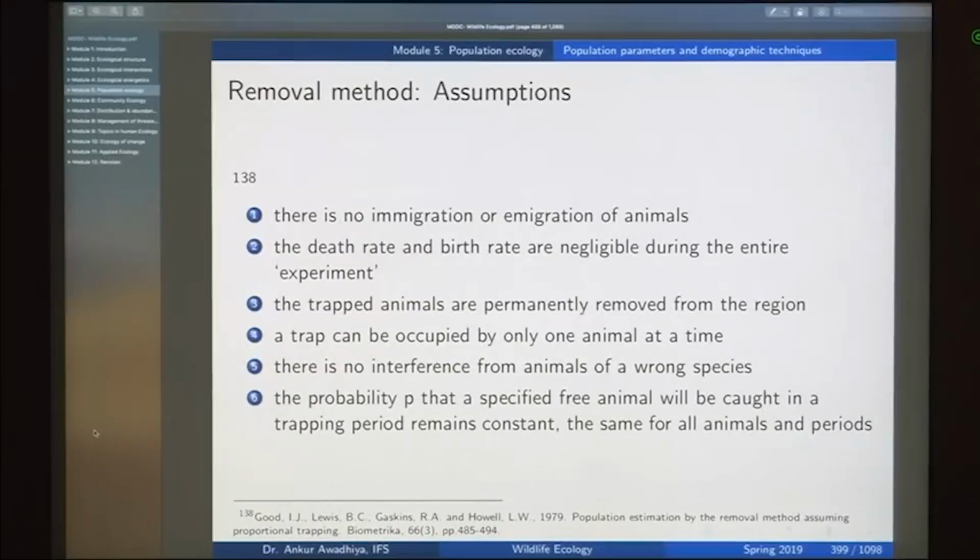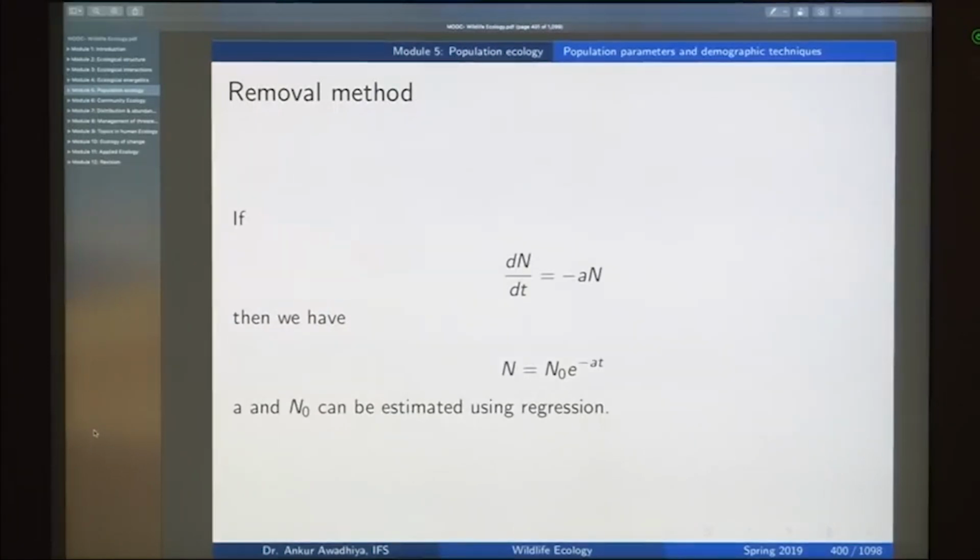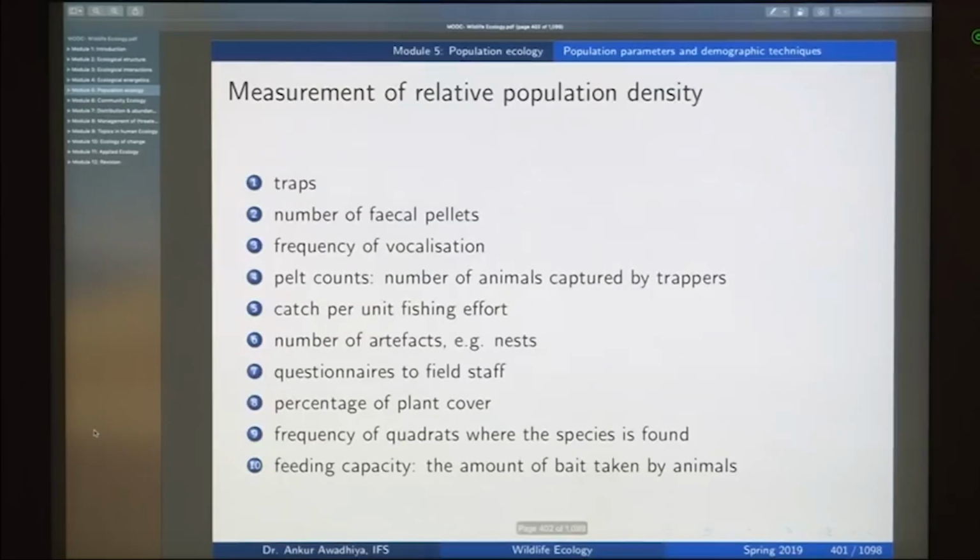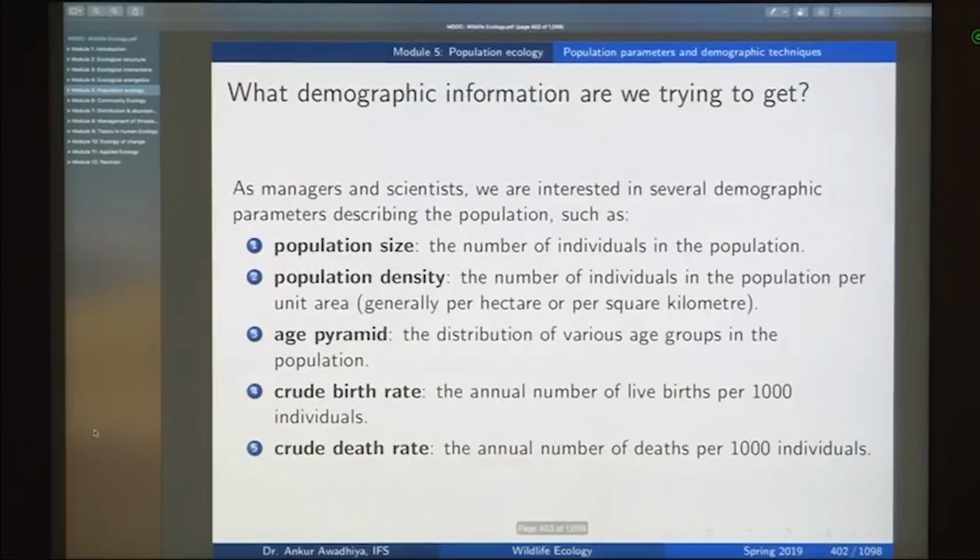So, we have these assumptions, and based on these assumptions we can say that if the population is changing at a particular rate, the number of animals that are being caught will depend on the number of animals that are actually present in that particular population, and we can integrate this equation to get to the curve that will give us the number of animals at every time point. Then if you want to measure the relative population density, you can use traps, fecal pellets, number of counts of vocalization and so on.